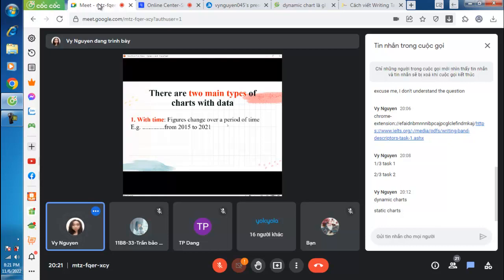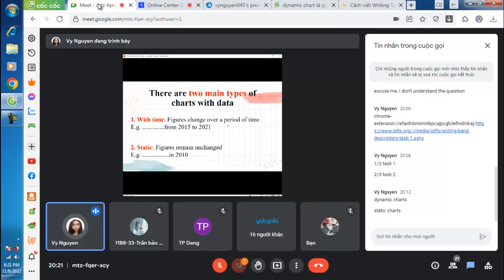When the chart has changes over time, we call this a dynamic chart. It means there are changes over time. You can usually see it when the question says from 2000 to something, so basically there's a time, there are changes.